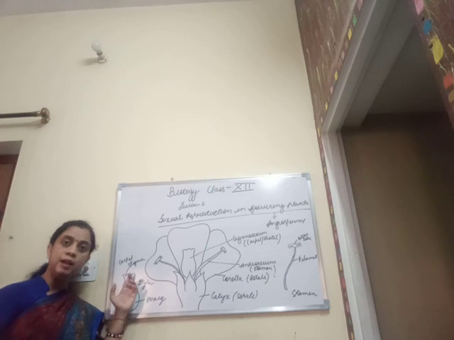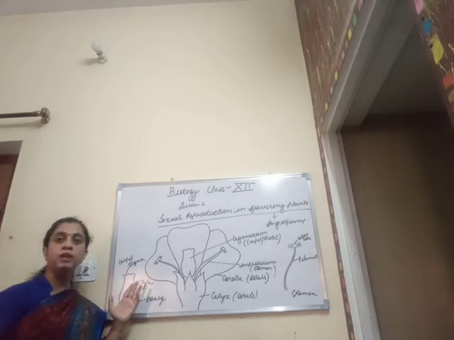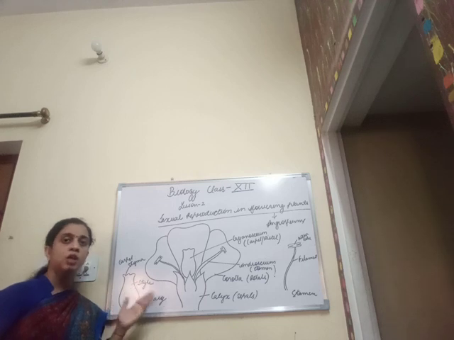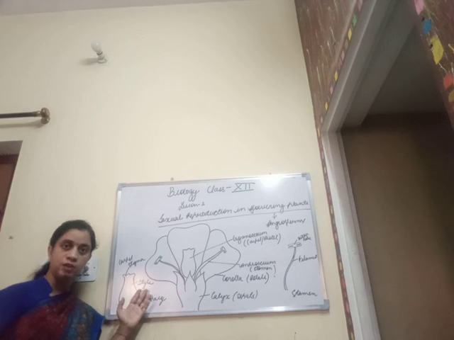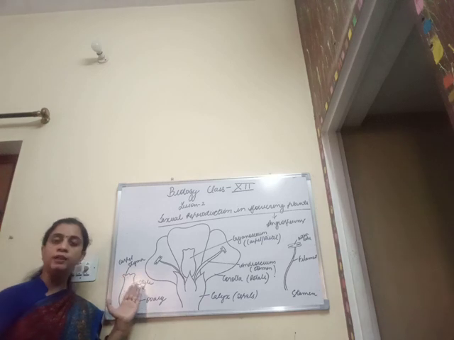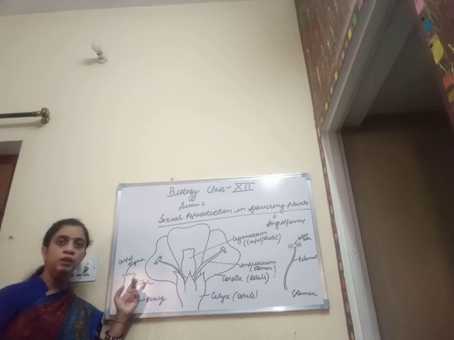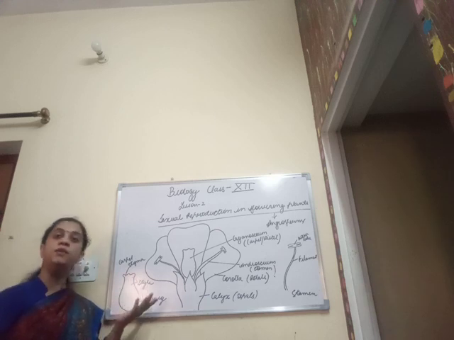That is, it helps in the identification of the pollen grains, whether they are of the same species or not. If they are of the same species, only then does the further act of fertilization take place here. Otherwise, the pollen grains are not allowed to form the pollen tube. That is, the further act of fertilization stops here. So, this place is a very important part of the gynoecium as well as of the flower itself.